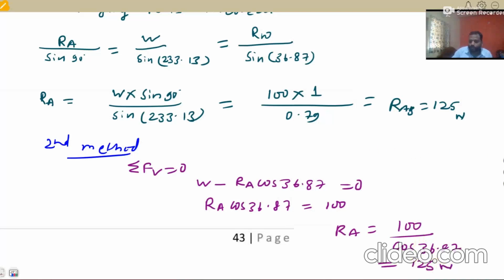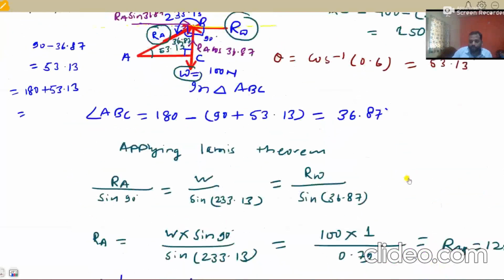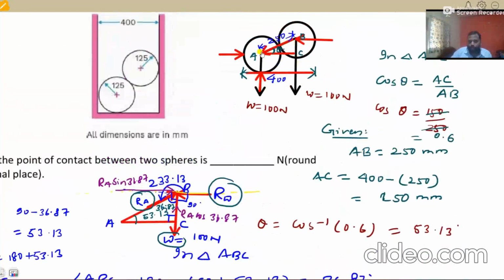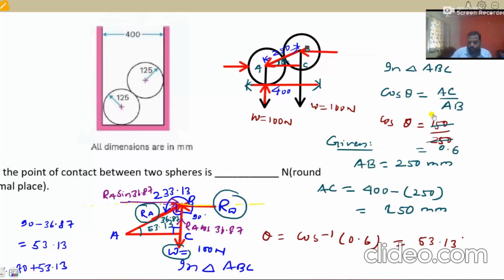Now the third method also. If we use this point, I only need to get the value of this angle. In this situation, two forces, the reaction of the vertical wall and the weight, both act opposite to each other.